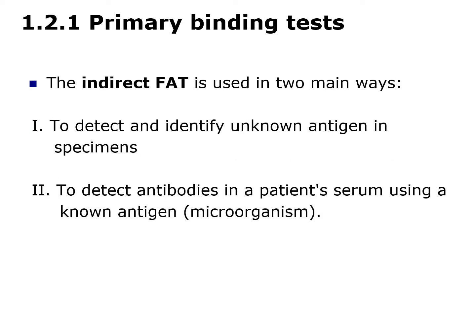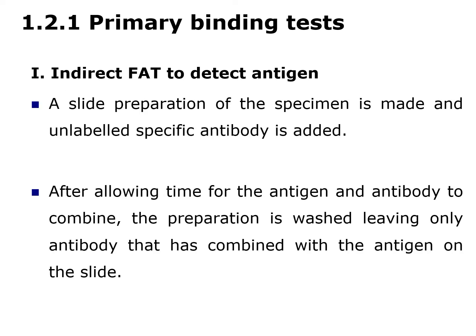Right, and then the use of this indirect FAT is to detect and identify unknown antigen in the specimen, and also to detect antibodies in the patient's serum using a known antigen. So you can see very readily the difference between direct and indirect FAT.